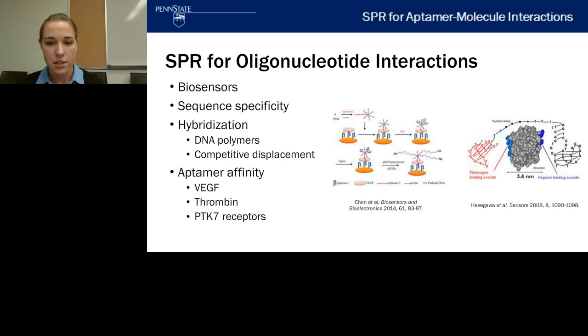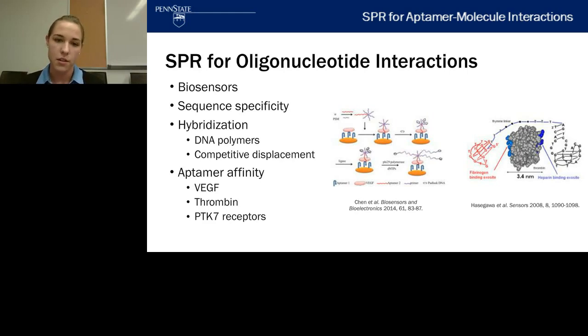So in the central figure by Chen et al., we can see that a VEGF aptamer is immobilized on the surface of the surface plasmon resonance sensor chip, and then VEGF is able to be bound to this. In the next step, another aptamer for VEGF that binds a different site is allowed to incubate, and this aptamer contains multiple primers that can be extended to increase the mass on the surface and detect very small quantities of VEGF.